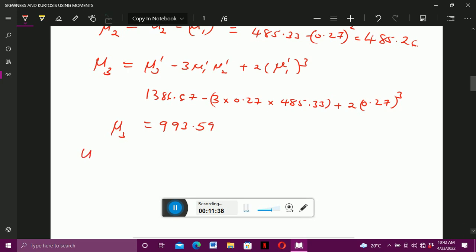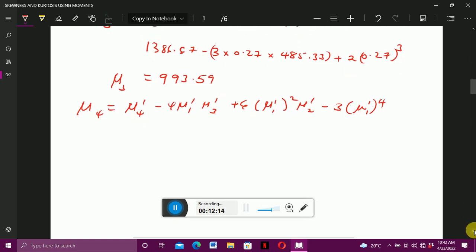We can also get mu4, fourth moment about the mean. It is mu4 prime minus 4 mu1 prime mu3 prime plus 6 mu1 prime squared mu2 prime minus 3 mu1 prime, all that raised to power 4. So we substitute the values there.